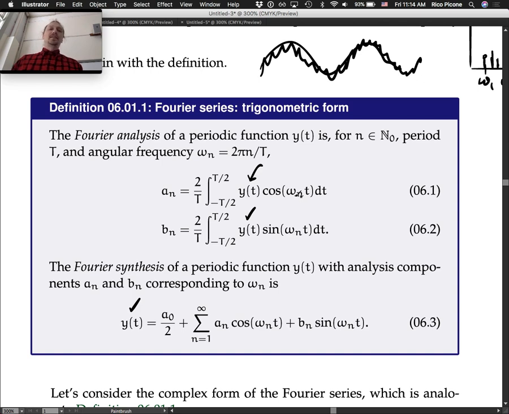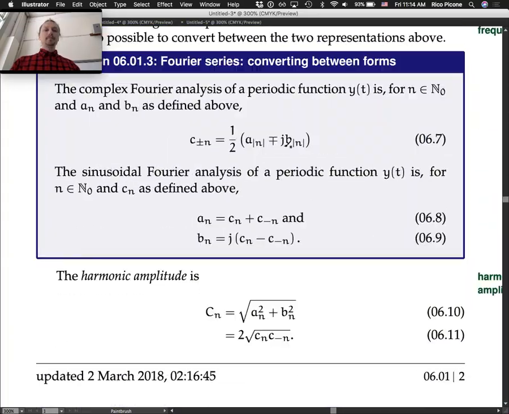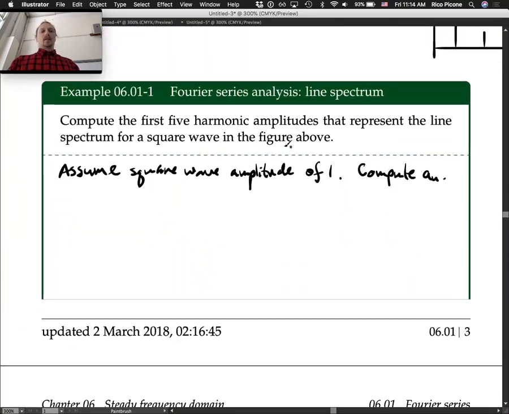I didn't give us a T value for the period for this square wave. We're just going to use T. We're just going to use it in the calculation. It's fine. So AN equals, from the formula, 2 over T times the integral from, so you have to integrate over one period.